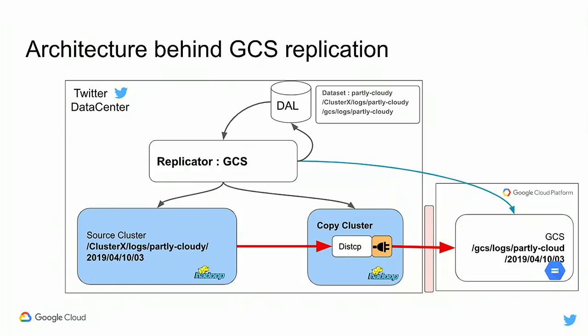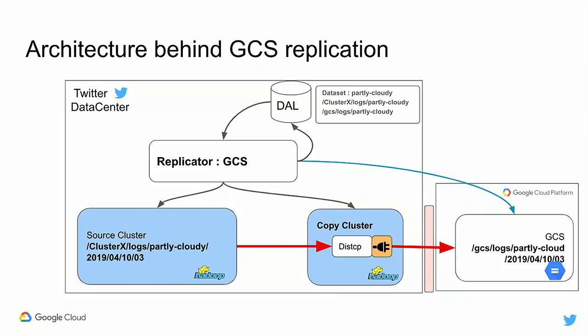So let's look at what is happening with the replicator. For the most part, we didn't have to change too much in the replicator code because it was using the Hadoop file system APIs. But as with our other replicators, we run a GCS replicator per destination. We created something called a copy cluster, which acts as a destination, and set up a replicator for GCS alone. This copy cluster has all the GCS mount points as I described.